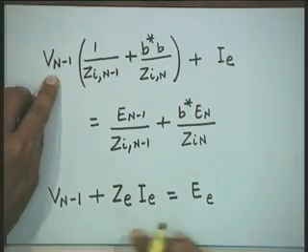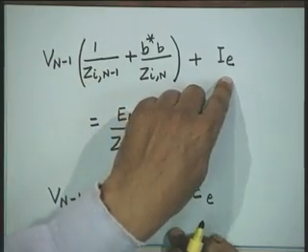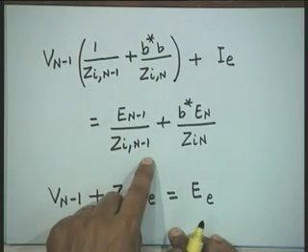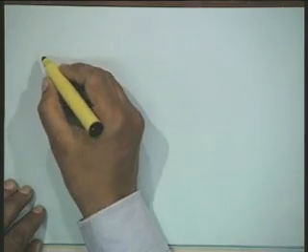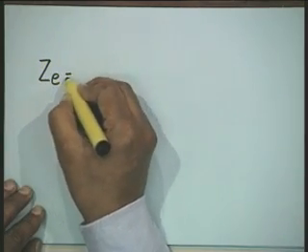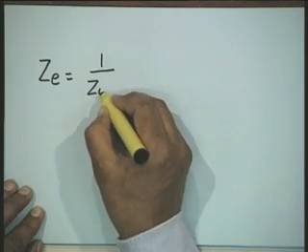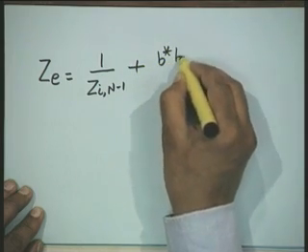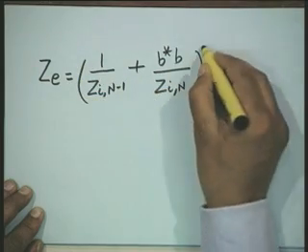So, write down V n minus 1 is equal to the reciprocal of this term into this whole thing plus I E, and therefore the equivalent impedance Z E can be identified as 1 upon Z I n minus 1 plus B star B divided by Z I n, inverse.